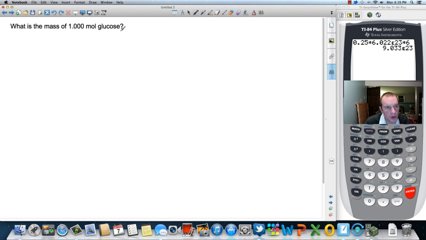When we talk about 1 mole of glucose, we're talking about 1 mole of glucose molecules. Keep in mind that the formula for glucose is C6H12O6.